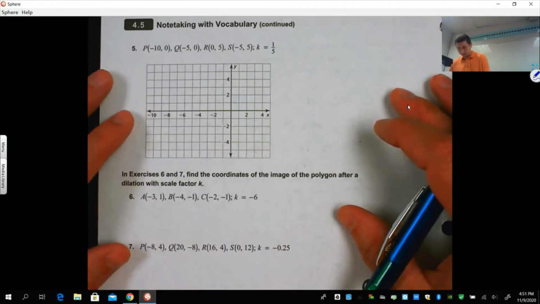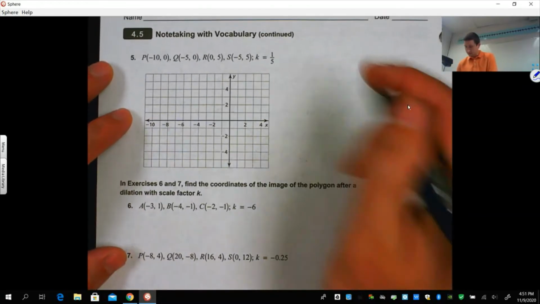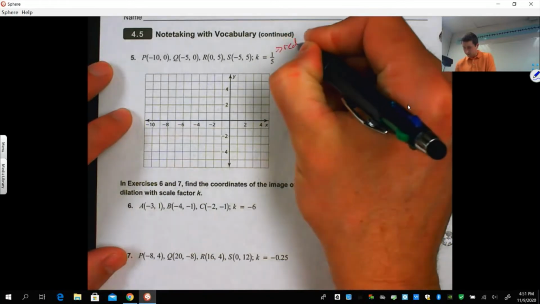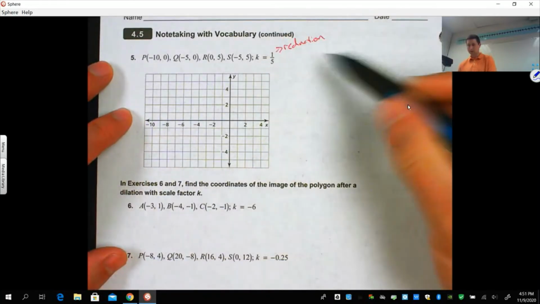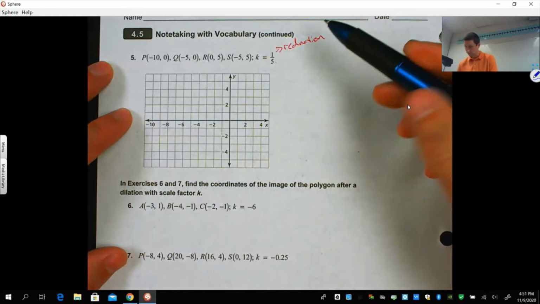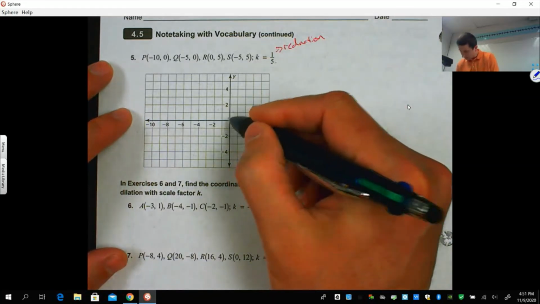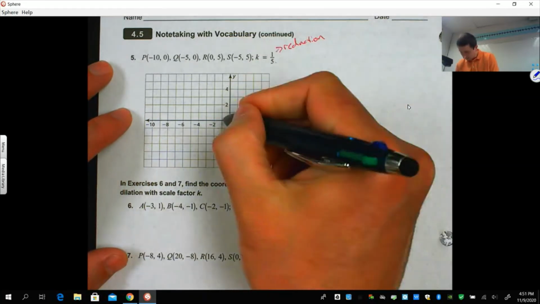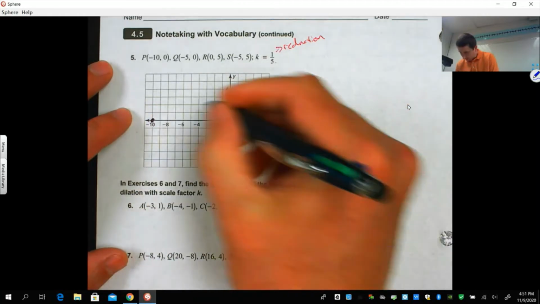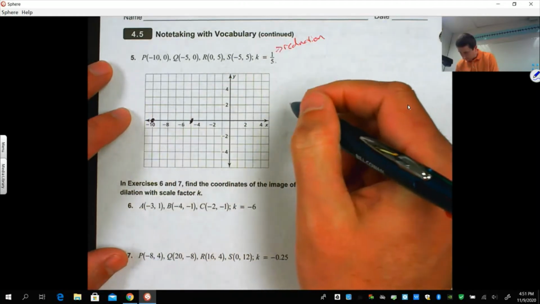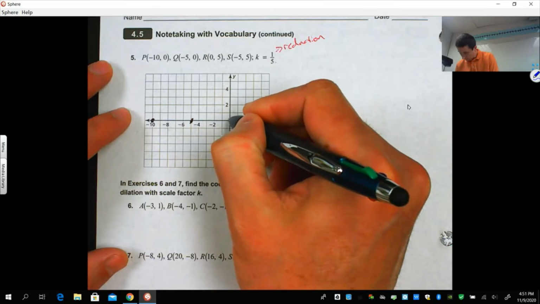Okay, next one. This is going to be a reduction. It's going to start with something big and get smaller because this is less than 1. First one was an enlargement. So P is at negative 10, 0. Q is at negative 5, 0. R is at 0, 5.